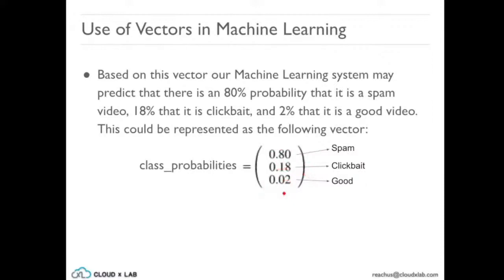This is a very commonly used methodology. If you're working with machine learning classification, you would typically have to classify an object into multiple types. For example, with a video it could be spam, clickbait, or good, and they each have probabilities. The sum of the probabilities will come to 1, and you would represent it this way.